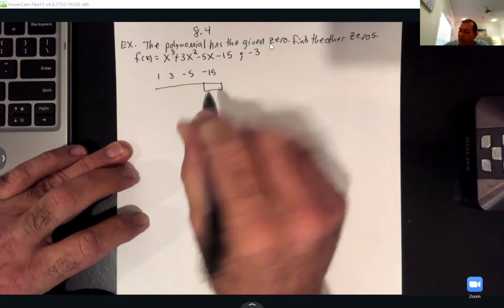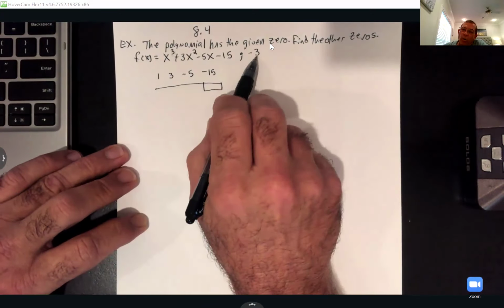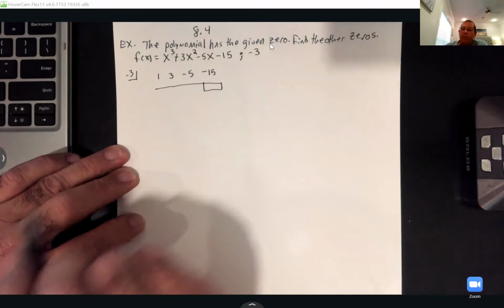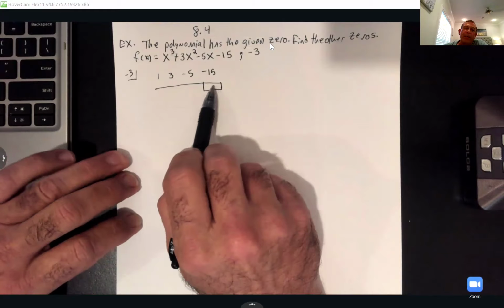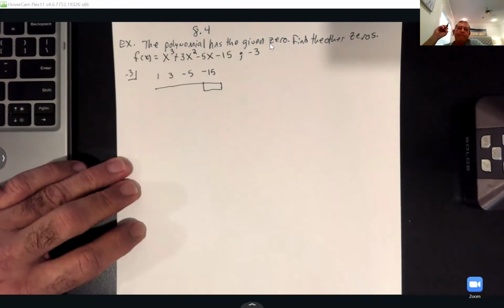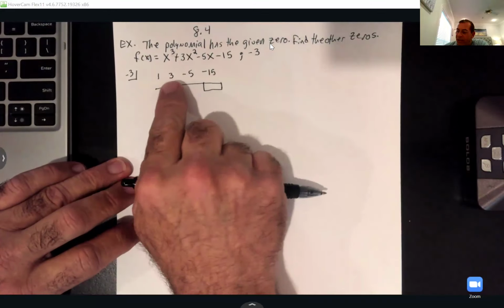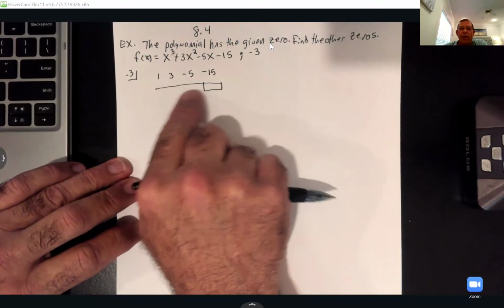All right, remember, that's going to be my remainder. Now, since they told me -3 was a zero of this polynomial, we know we better get a zero remainder here. All right, so you got to keep doing synthetic division until you got 3 numbers right here for your quotient, okay?